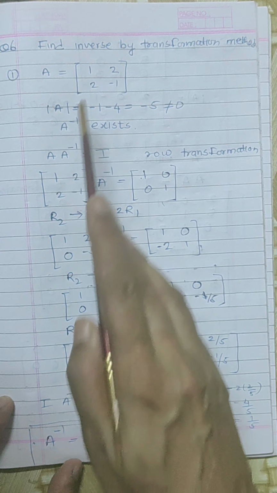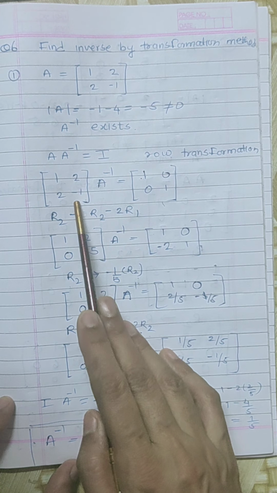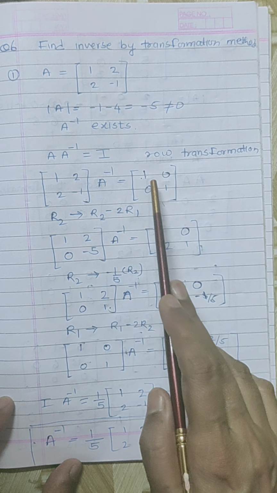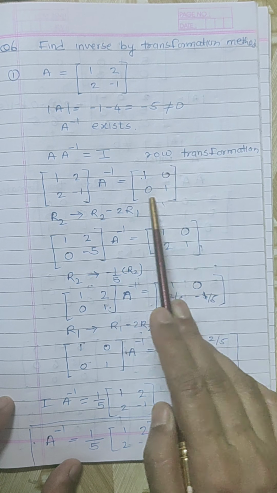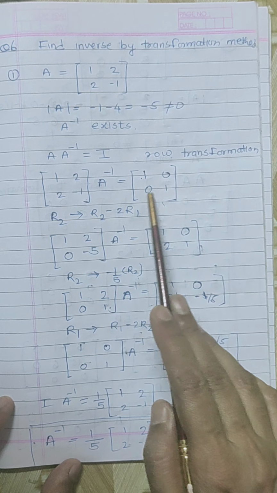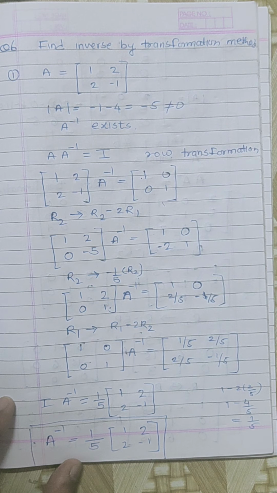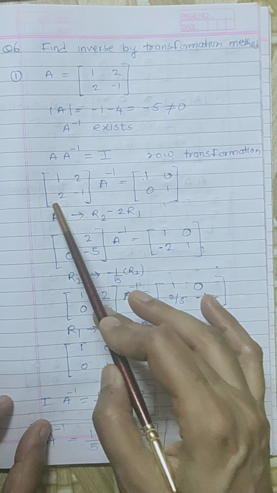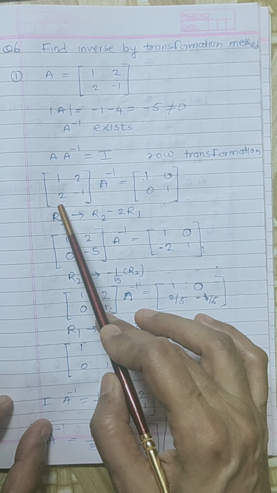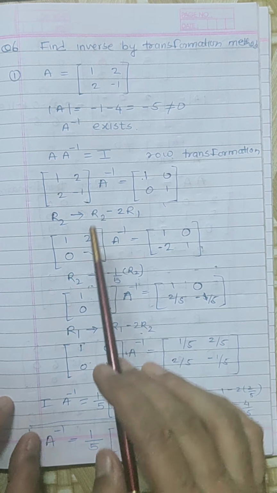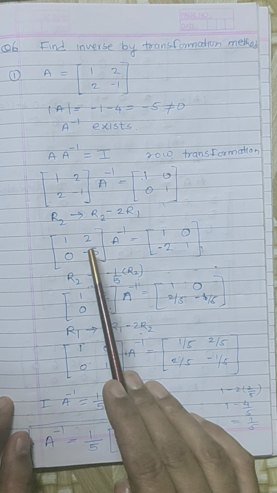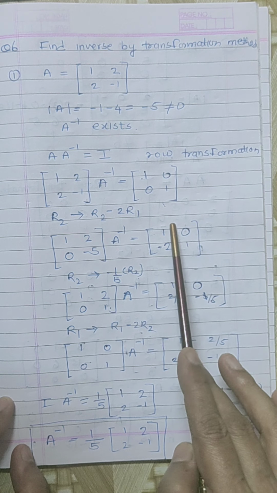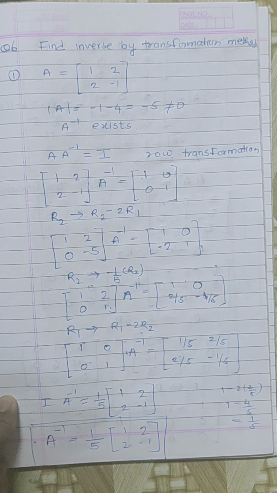A matrix as it is, then A inverse that we have to find, and I means take the 2 by 2 identity matrix, 1 0 0 1. Now we have to convert this A into the identity matrix. When you do the transformation on the left hand side, you have to carry out the same transformation on the right hand side. So you will get the value of A inverse.